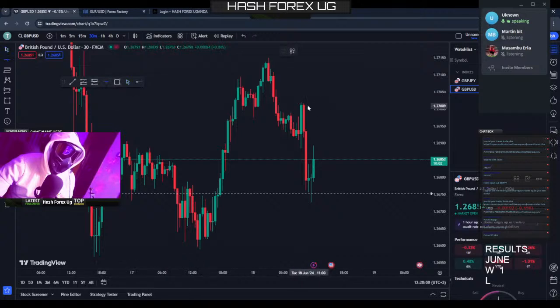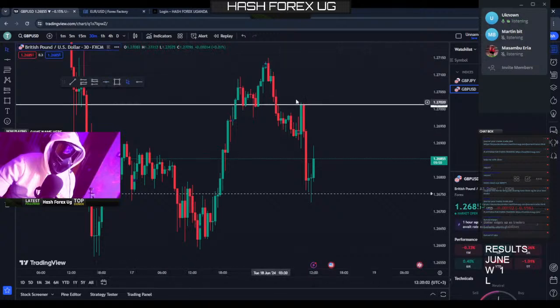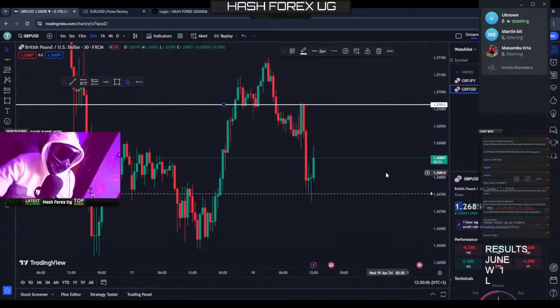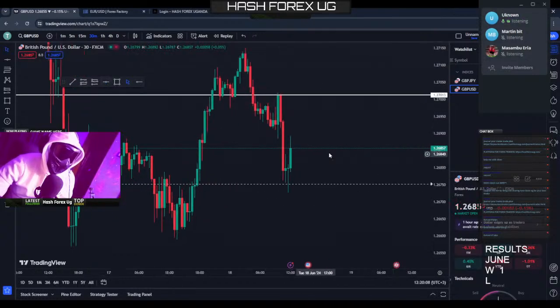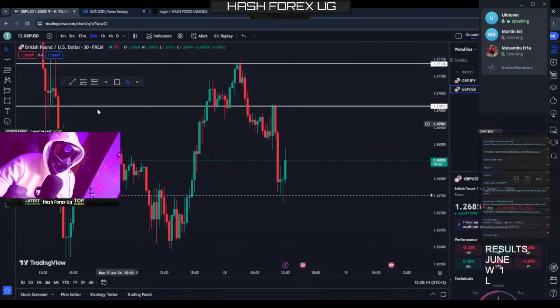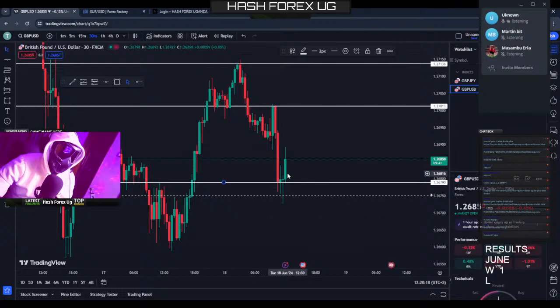I'll get some buys above this zone here, come and fill up this range there. And then for the sells, we need it to break below this zone because this market still has the potential of pushing back to this zone and coming down here.